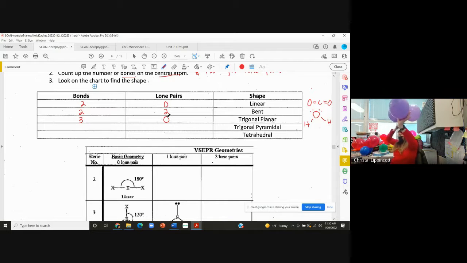See how it's all in one plane this way? All right. Trigonal pyramidal, then, you're going to have 3 bonds and 1 lone pair. So that looks like this guy. Okay. So your bond angle here is going to be 107.5. And that's what he's going to look like.